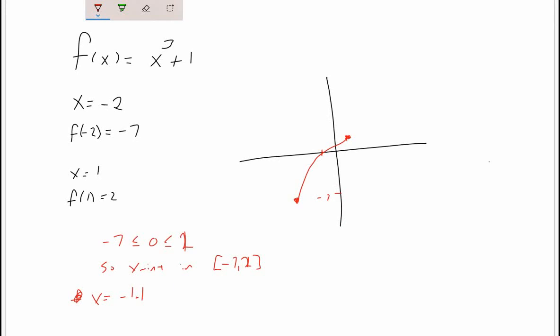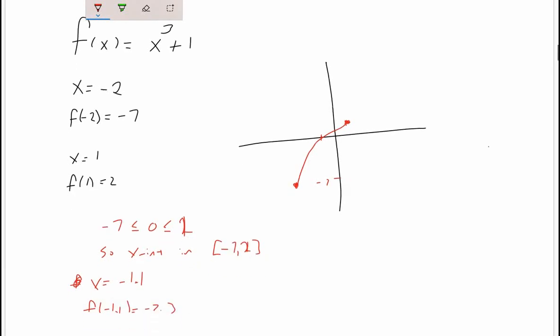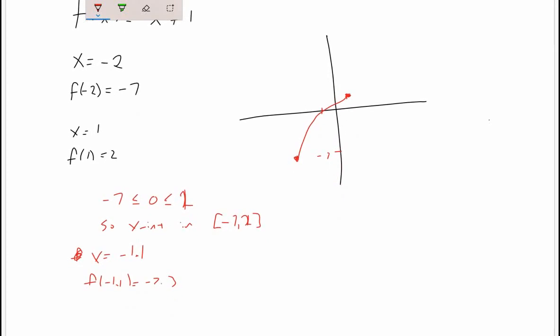Why did I say 1 point? I said negative 1.1. Then f of negative 1.1 is negative 0.3. So I've got it narrowed down, because we still go from negative to positive, right? So somewhere between negative 1.1 and 1, we have an x-intercept.